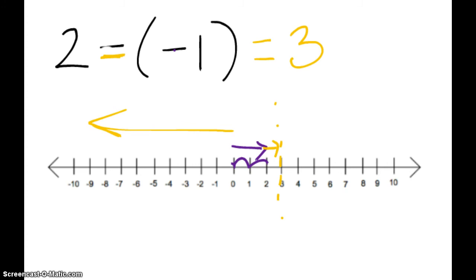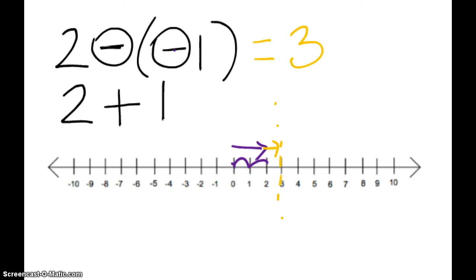But I don't want to do that, because I want to subtract a negative 1. So 2 minus negative 1 is the same thing as 2 plus 1. So what I did is I added the opposite. I added the opposite of negative 1, which is positive 1.